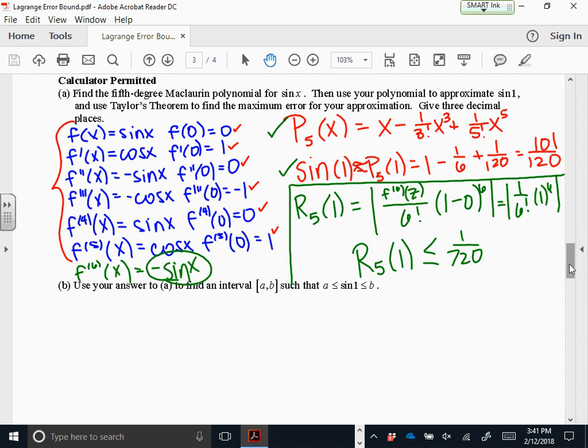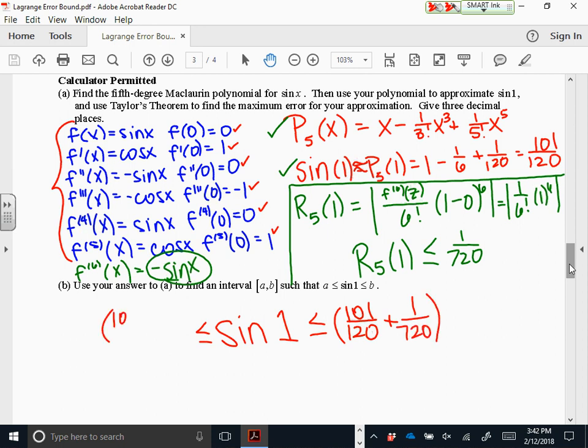Which means the sine of 1 is going to be in between what we approximated it to be plus the error, what we approximated it to be minus the error.